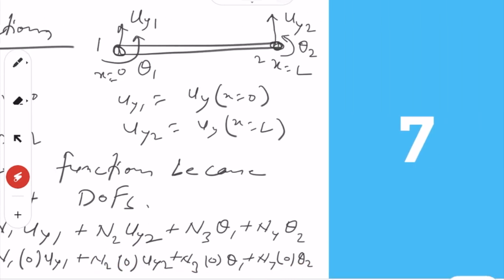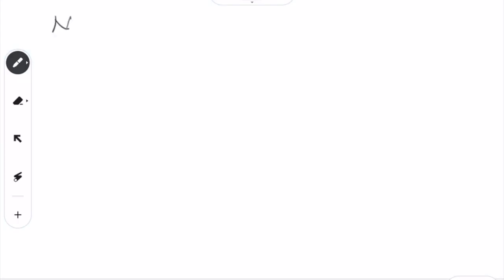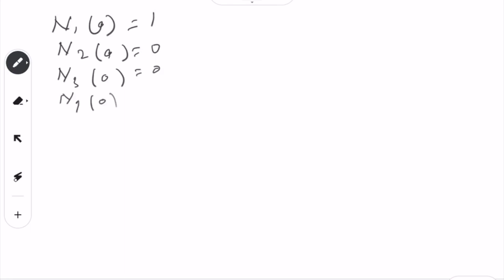That really means n1(0) equal to 1, n2(0) equal to 0, n3(0) equal to 0, n4(0) equal to 0.